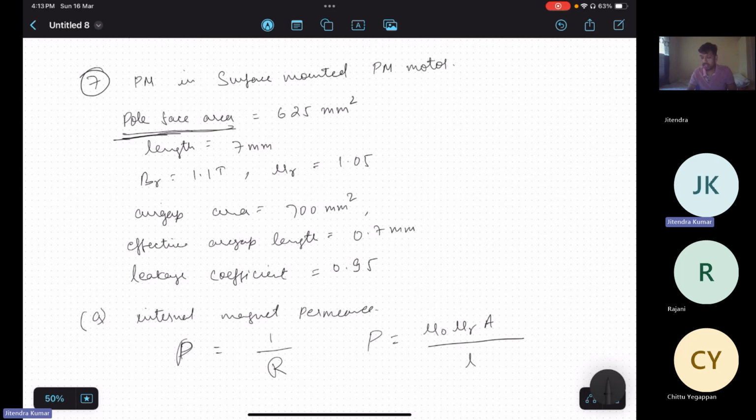So can we calculate the internal magnet permeance? Please calculate. Excuse me for a couple of minutes.